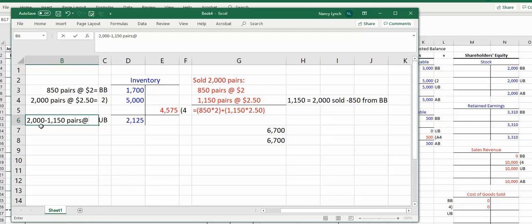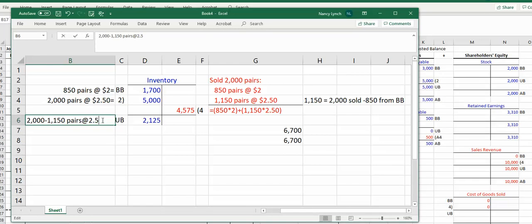I'm going to have to squeeze that in here. There, I'll fix that. So I'm going to show you the math. We have 2,000 minus 1,150 times 2.50 had best equal your inventory.